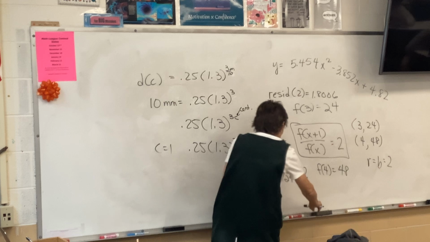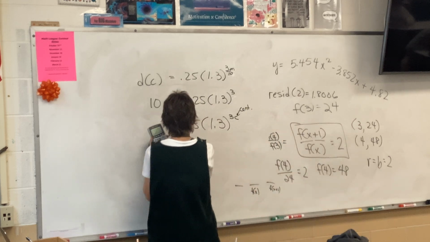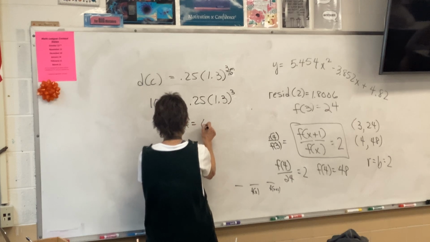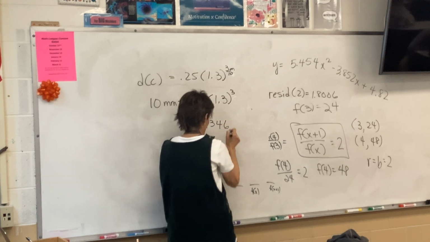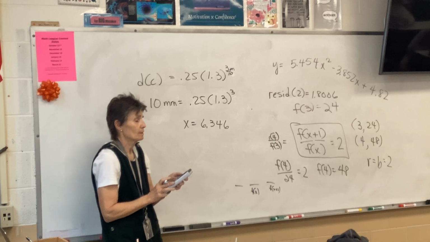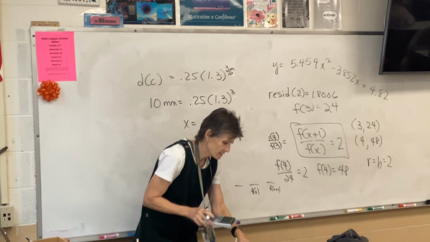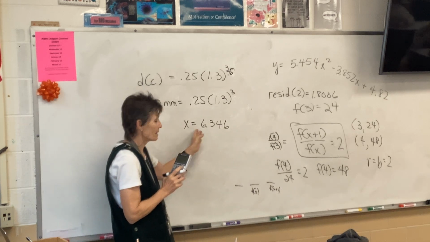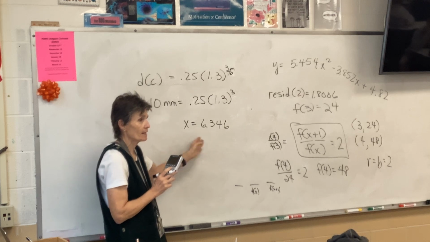So I did the intersection, and I got 6.346, which means years since 2007, so sometime in 2014.